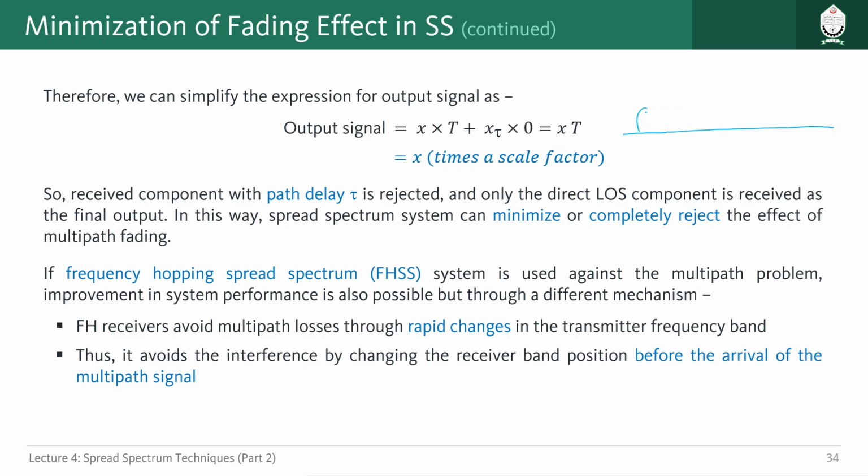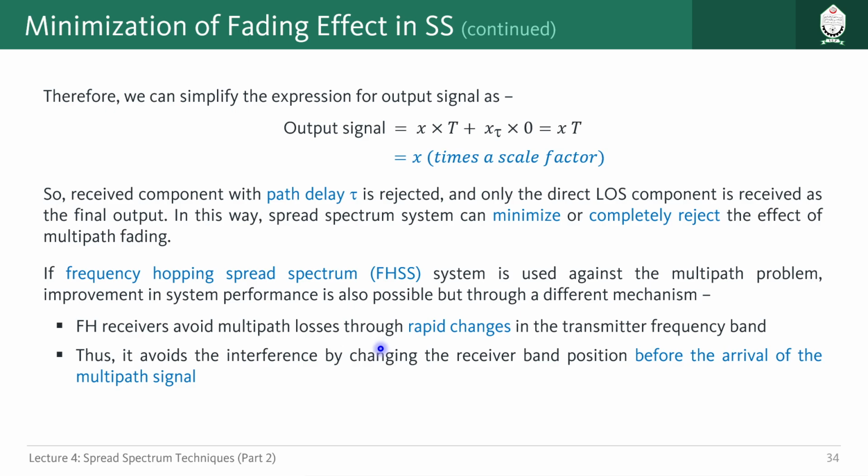Like I can draw it here like this. So maybe this is F1, this is F2, this is F3. In this way, maybe this is Fn. So for FHSS, we basically just hop from frequency to frequency with respect to time.